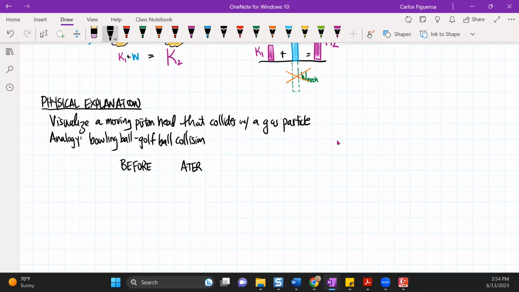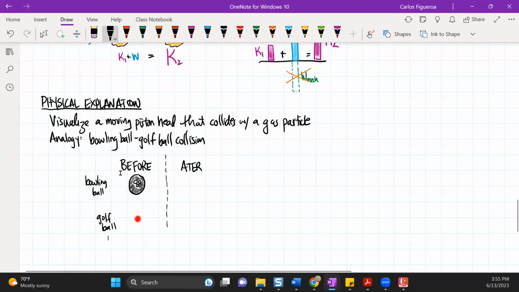I'm going to have a bowling ball, right? Here's my bowling ball. And then over here, I have a golf ball.